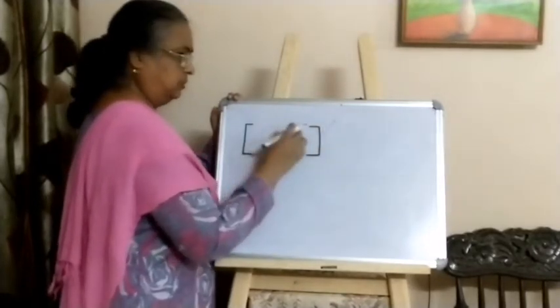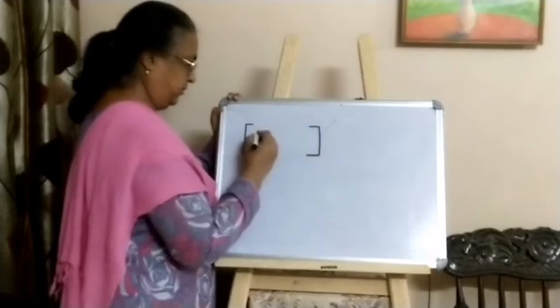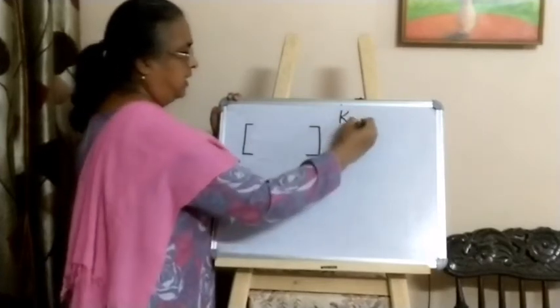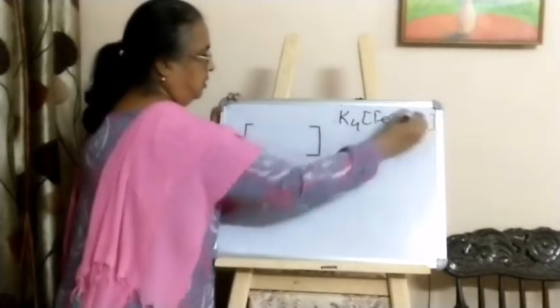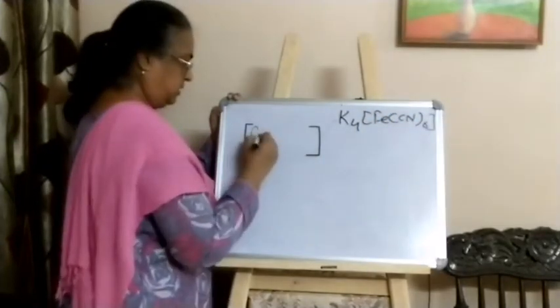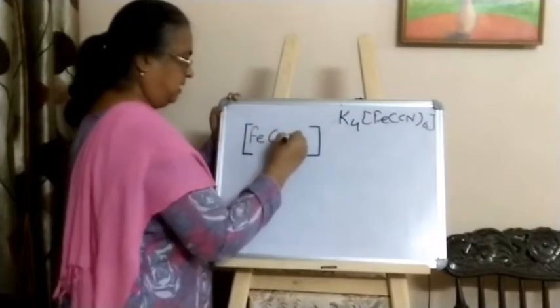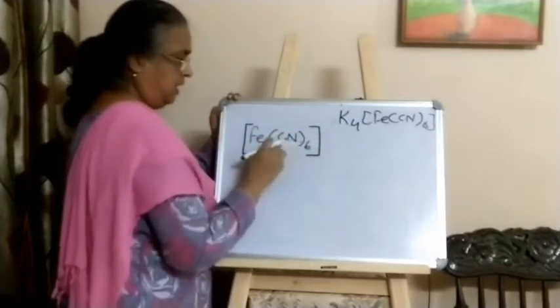The complex entity is written here. If you remember, we had the K4[Fe(CN)6] molecule. So here is the central metal atom, and this is your ligand.